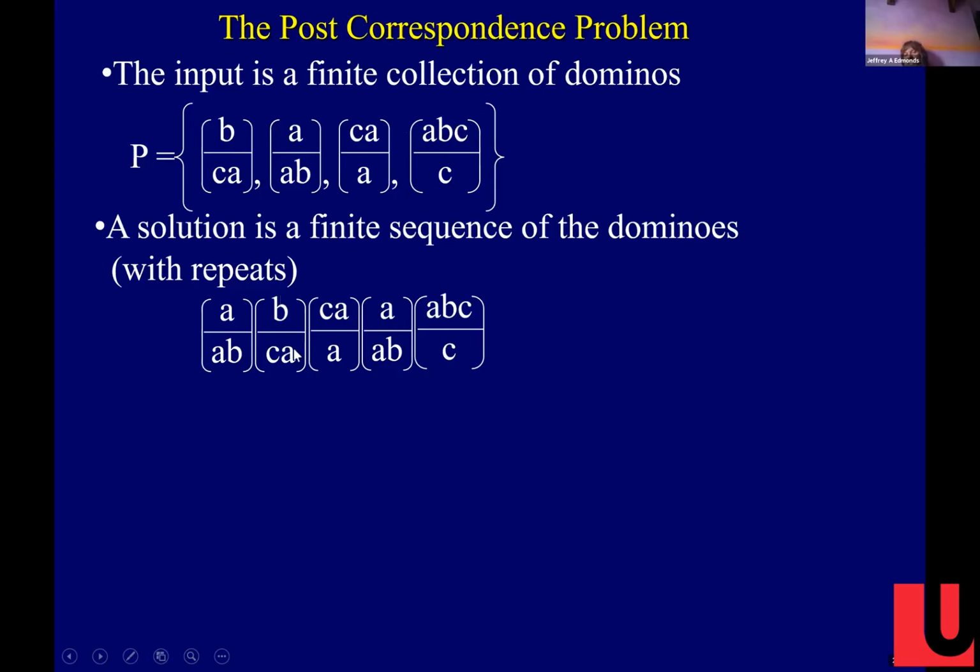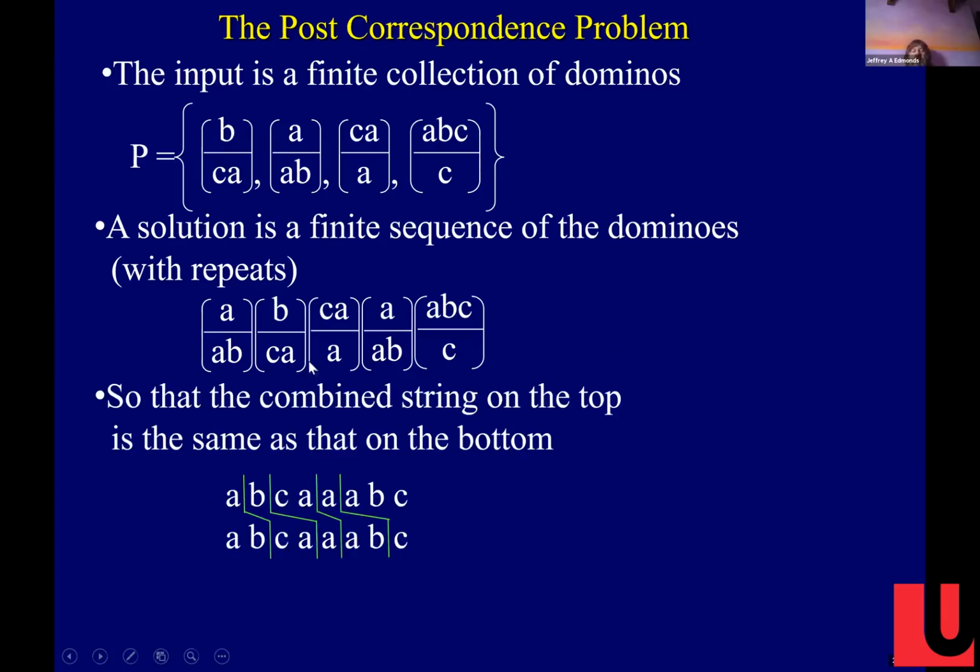So the question is, can I build a sequence of these dominoes such that, if you look at the total string on the top, say A, B, C, A, B, C, what's the string on the bottom? A, B, C, A, B, C, right? It's the same string on the top and on the bottom, right? So can you do that?